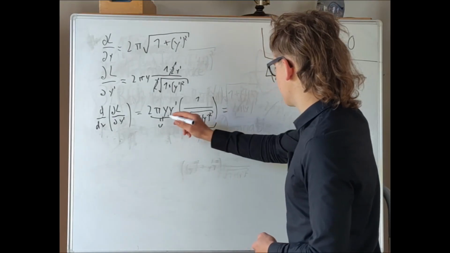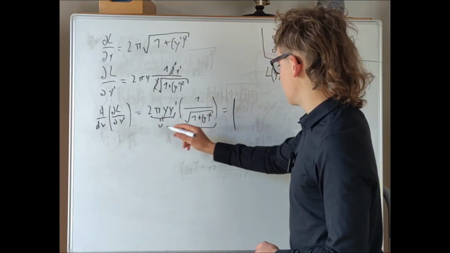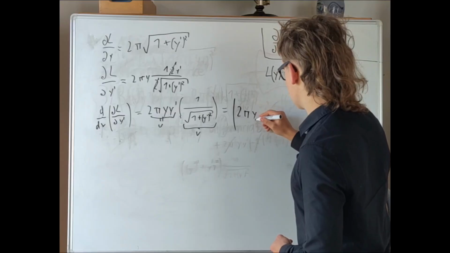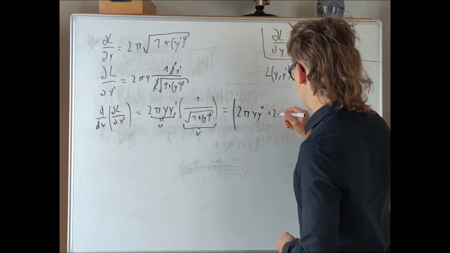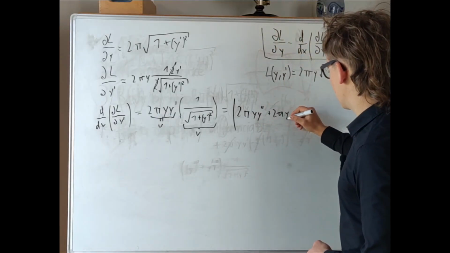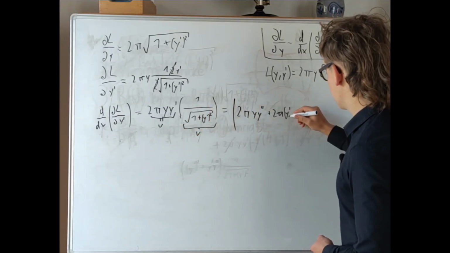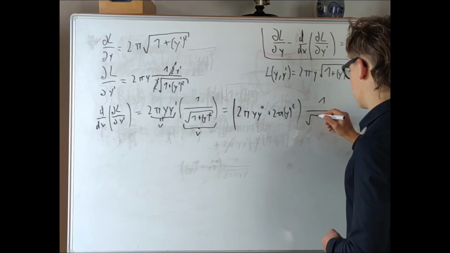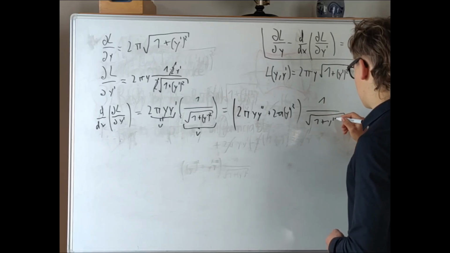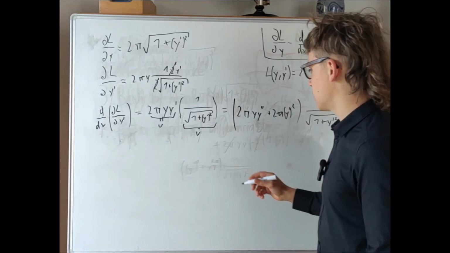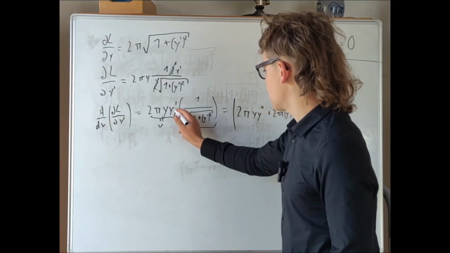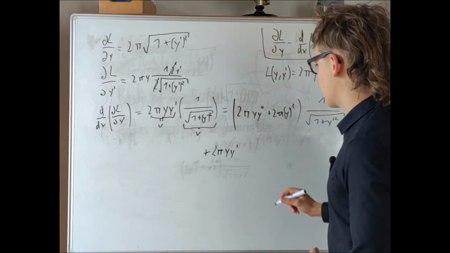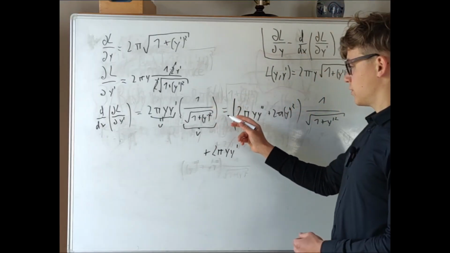First of all, let's differentiate the first u, so this is 2 pi, and then we use the product rule again, so this is y times y prime plus 2 pi y prime, and then squared. Right, so the rest stays the same, so this is 1 over the square root of 1 plus y prime squared. Just write it as this. Then we add, this stays the same now, so this is y prime, and then we differentiate all of this.